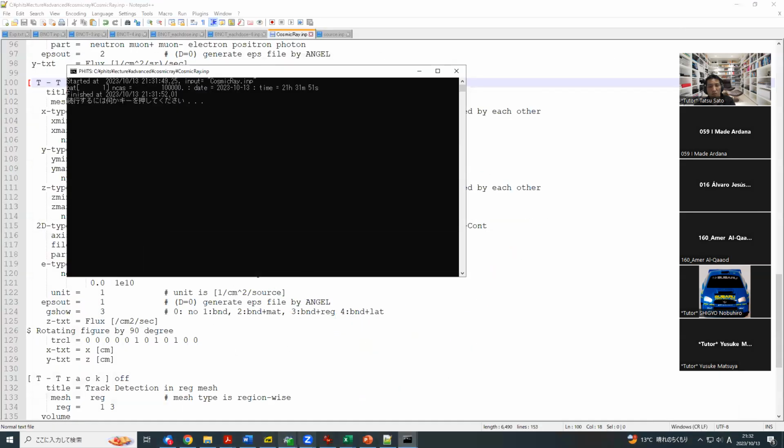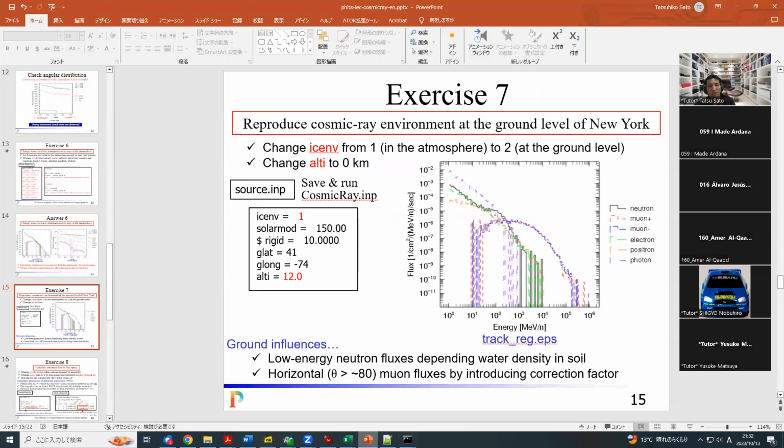The difference between the atmosphere mode and the ground level mode is the low energy neutron flux, the so-called albedo neutron, and it depends on the water density in soil. So you can define the water density, whether it is on the sea, on the desert, or on concrete. You can specify such conditions.